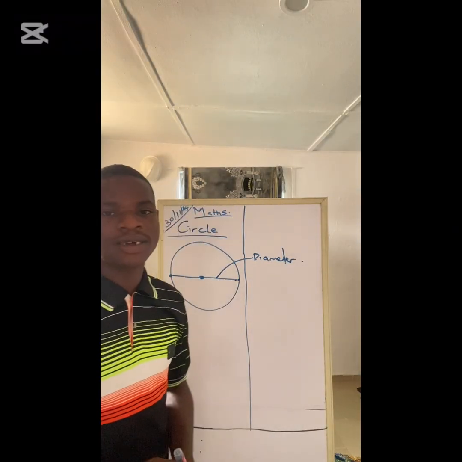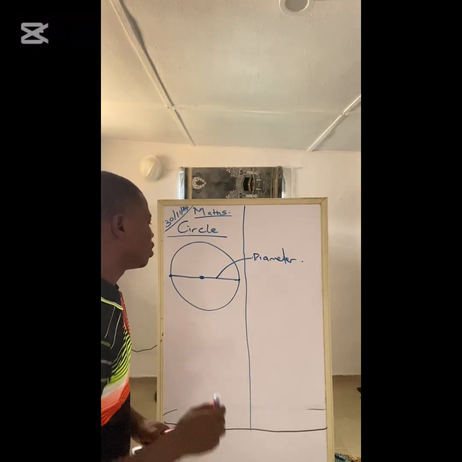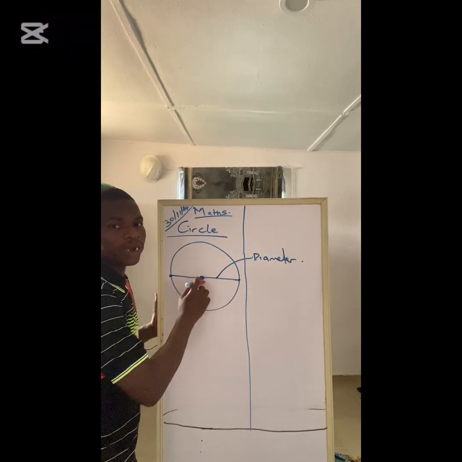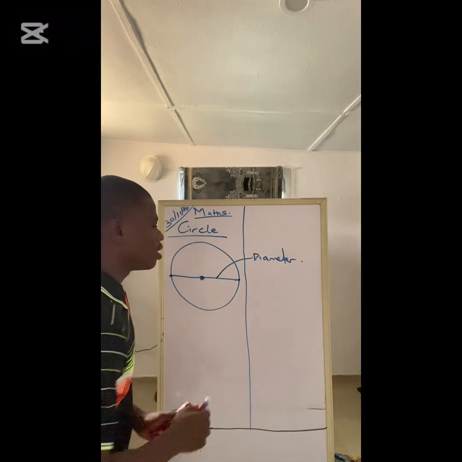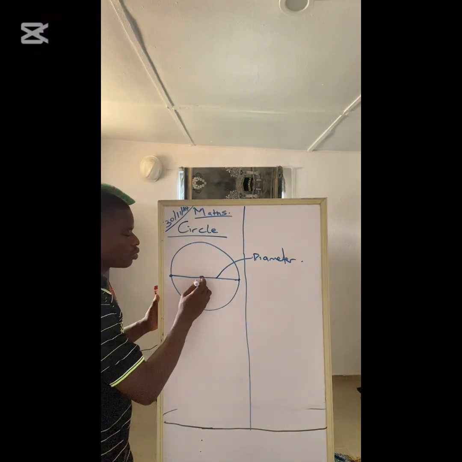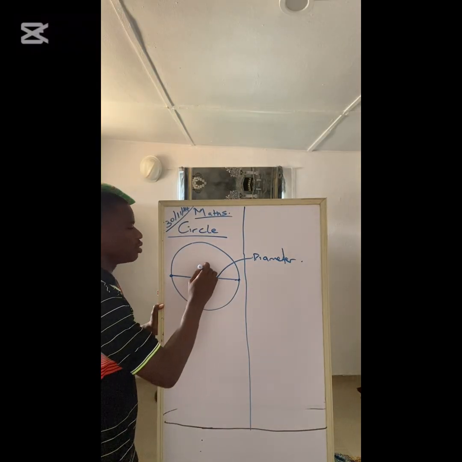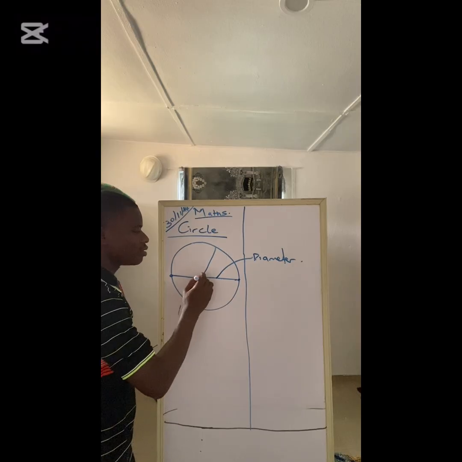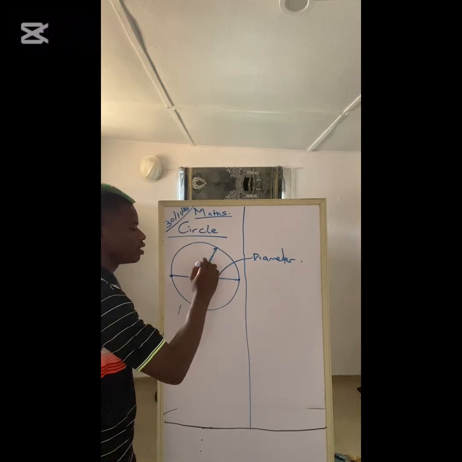Also, we have the radius. A radius is any straight line drawn from the center of a circle to any part of the circumference.